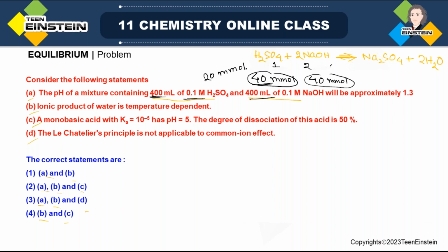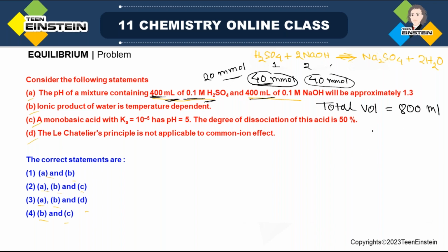So 20 millimole is remaining and the total volume is 800 ml. When you multiply volume in ml and molarity, you get the number of millimoles.